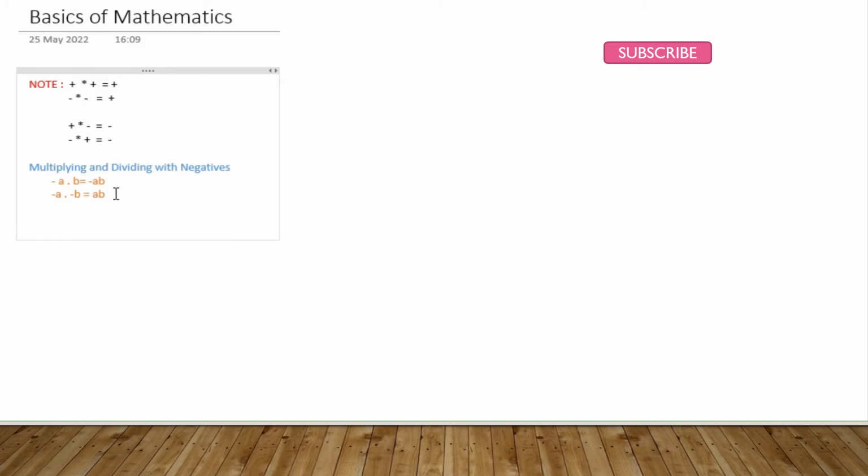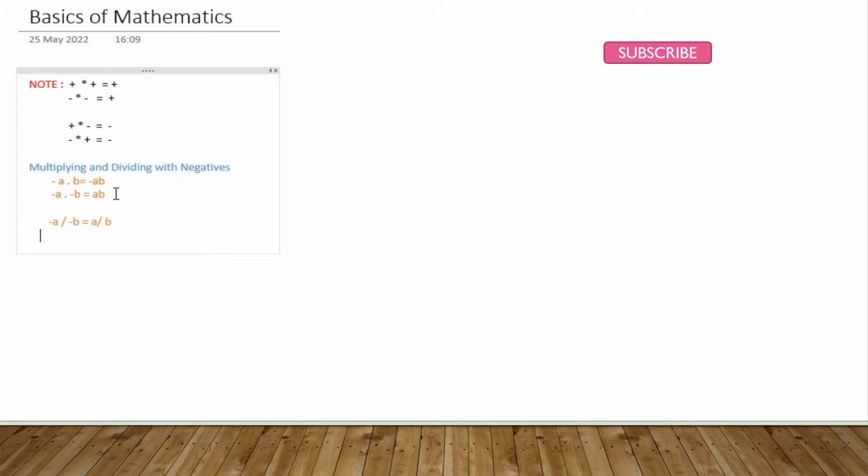Next property, minus a by minus b is equal to a by b. How do you know? Minus and minus cancel, so the output will be positive.